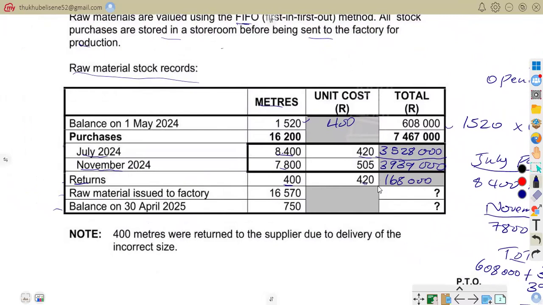So now we want to know the available after returns.